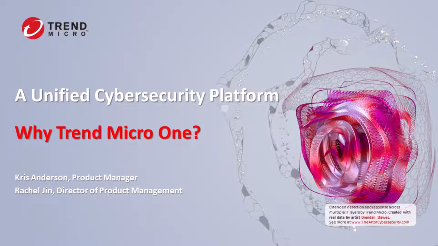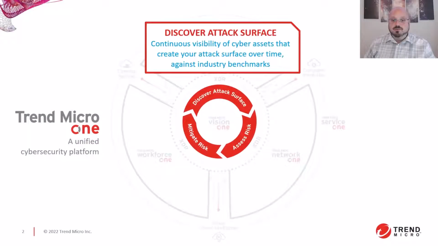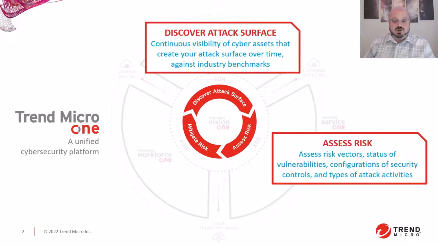So why choose Trend Micro One? Well, Trend Micro One, a unified cybersecurity platform, allows you to discover your attack surface with continuous visibility of cyber assets that create your attack surface over time, and then compare that against industry benchmarks. We then use that information to assess your risk.